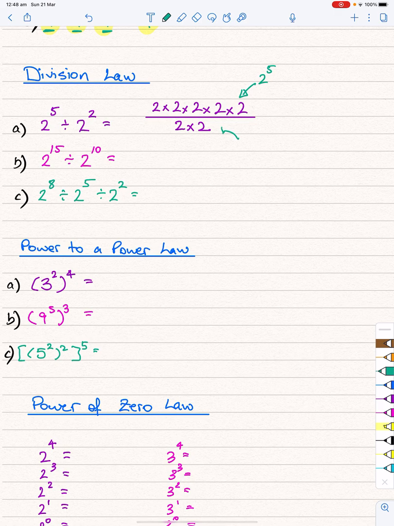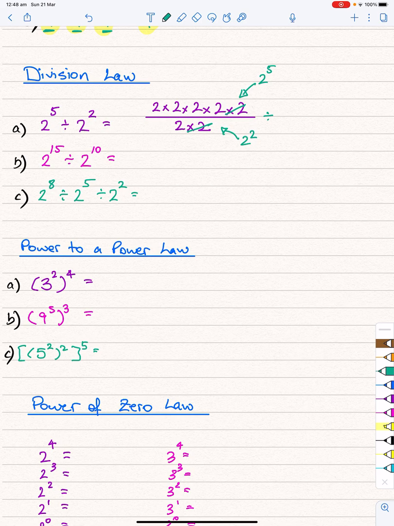The bottom number is 2 to the power of 2, and we put it into a fraction because the fraction line means divided by. And the reason why I'm showing you this is because with fractions, if you have common numbers that are being multiplied in the top and in the bottom, in the numerator and in the denominator, you can do what's called cancelling, which means that you can get rid of them. We can remove them. I don't want to use the word subtract them because I'm going to use the word subtract in a moment, but we are getting rid of common 2's.